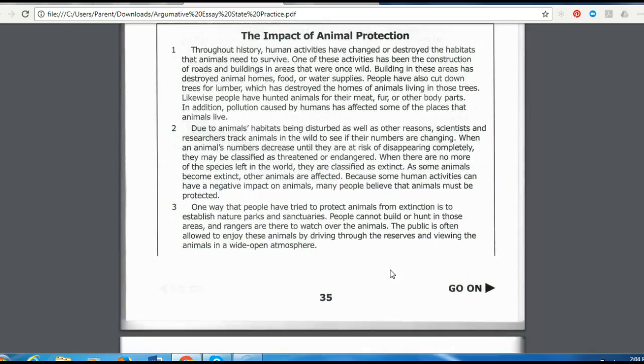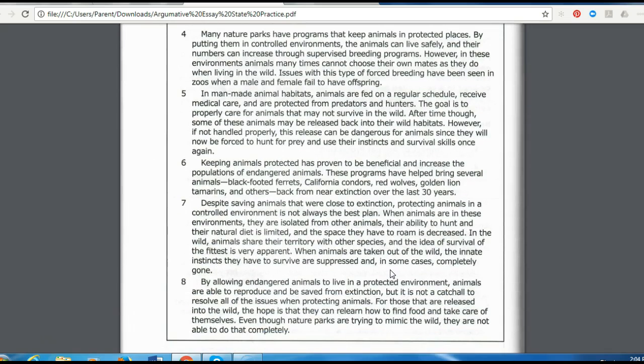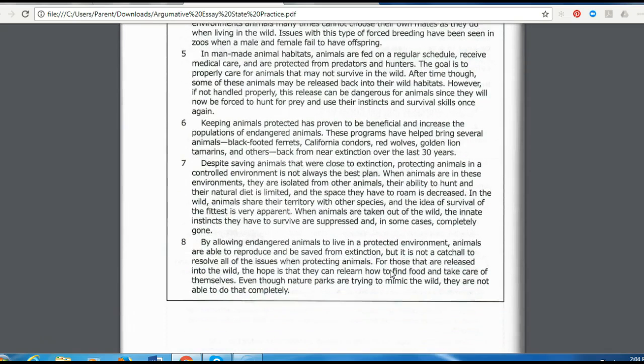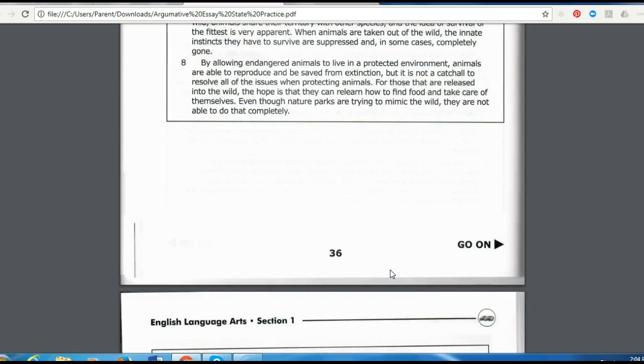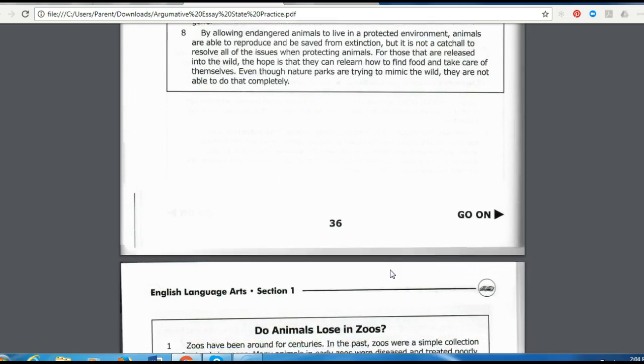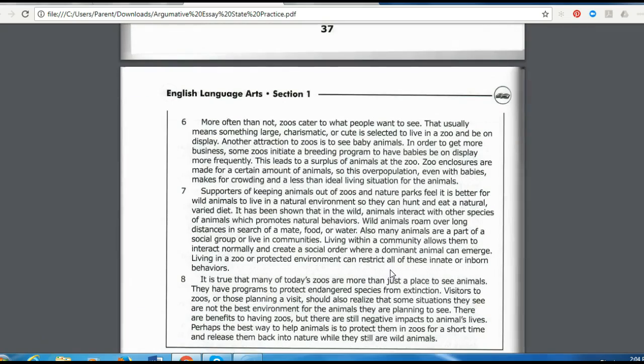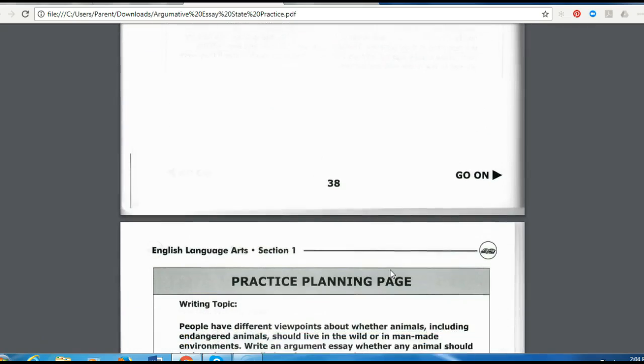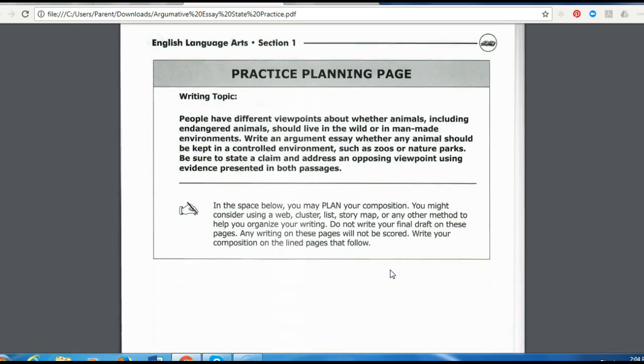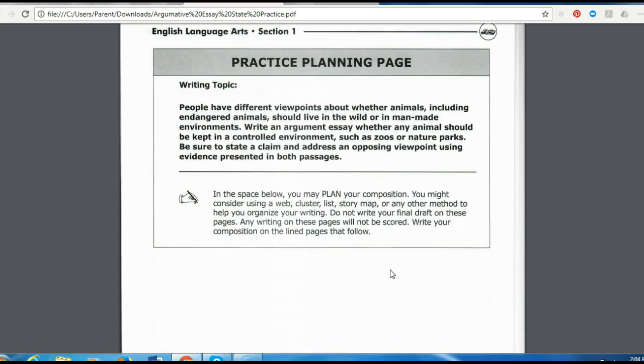So you can see the articles are not necessarily going to be super long, but you may need to go back and reread these. Make sure you understand what they're saying. And so after you've read the 2 articles, you're going to have an idea of doing some planning. This is important. If it is part of one of the pages they give you, do some planning.